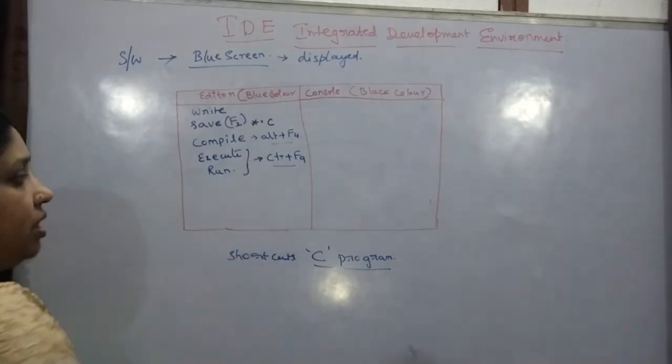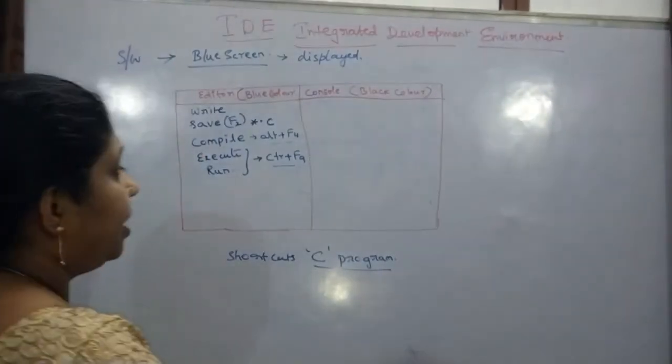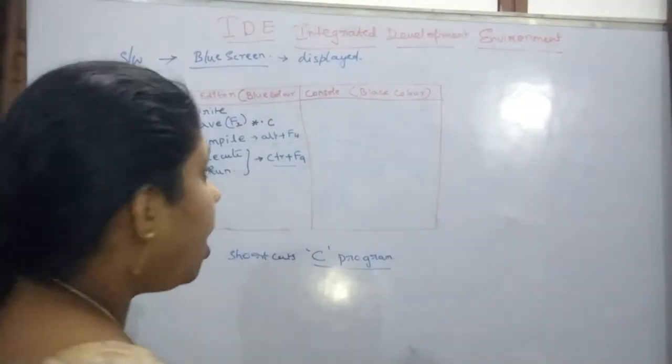After running the program, you want to display the output. How will you display it?